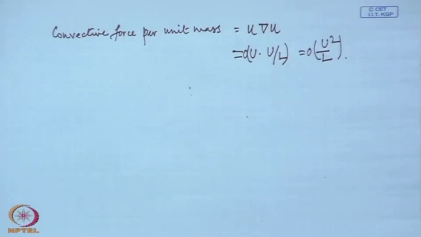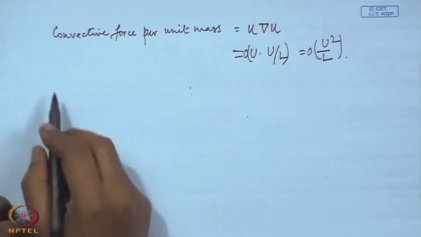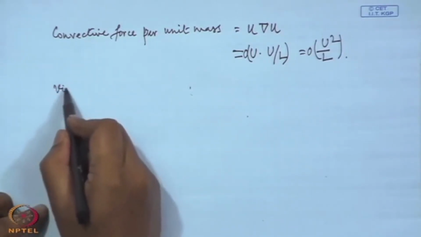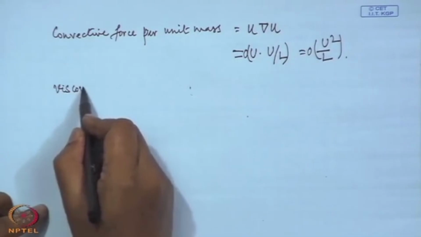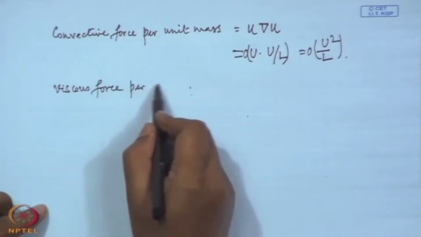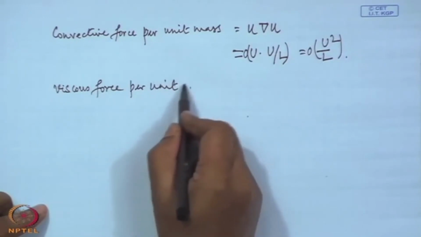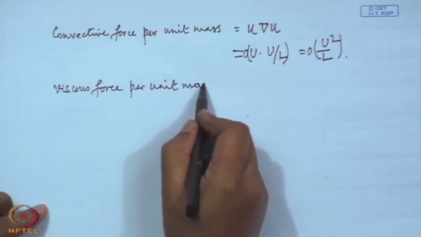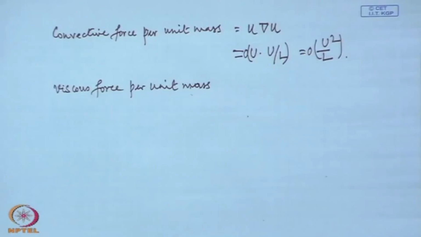What is the viscous force per unit mass? What is the viscous term in the Navier-Stokes equation?